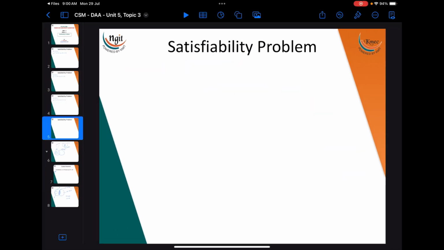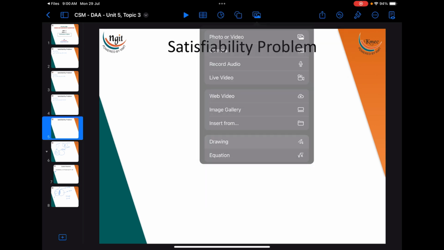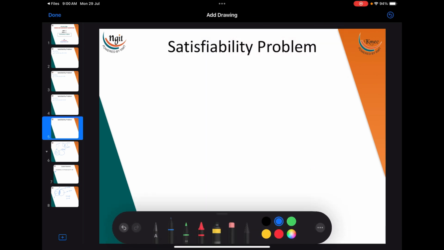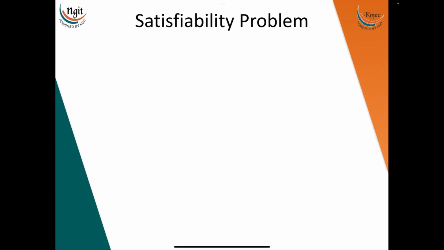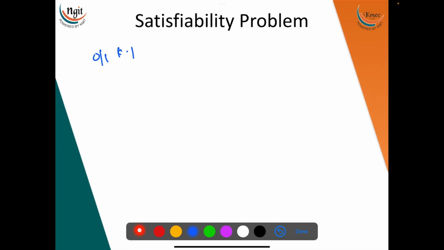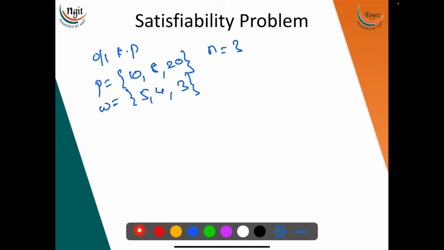Now I'm taking an example, a knapsack problem example. That is the 0/1 knapsack problem. Profits are 10, 8, 20, where n is equal to 3. Weights are 5, 4, 3, where m is equal to 8. Now how will we solve this problem?